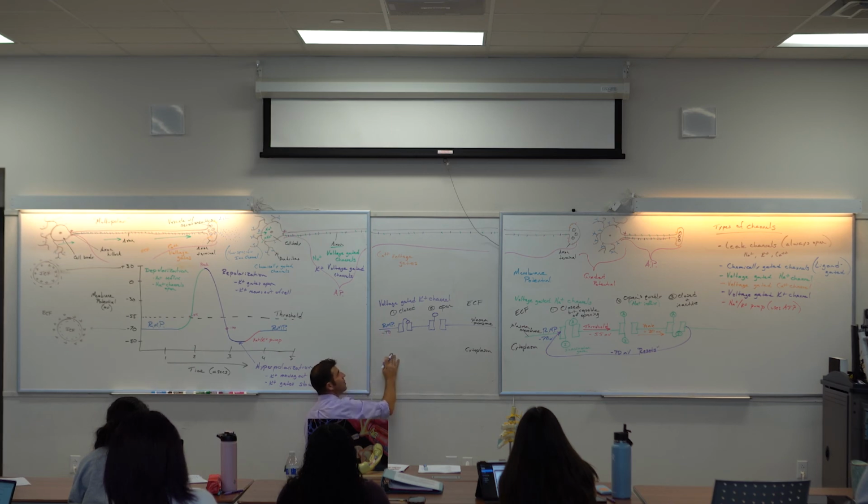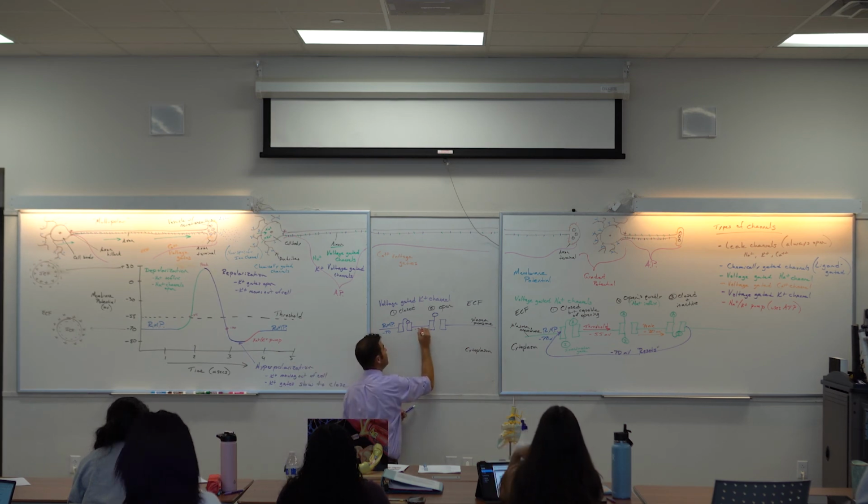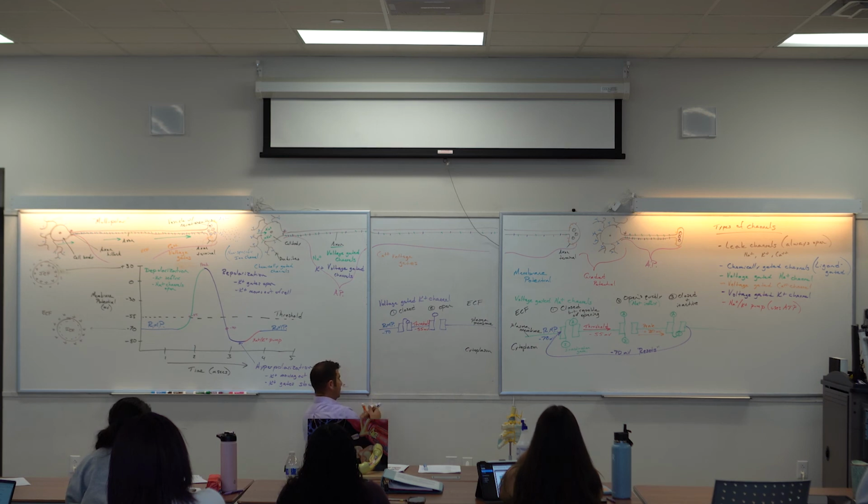All we have to do is go from negative 70 millivolts and reach a threshold stimulus. If we cross negative 55 millivolts, that threshold stimulus takes us from this resting membrane potential all the way across threshold. That signal of crossing negative 55 millivolts is the signal that causes these potassium gates to open up as well.